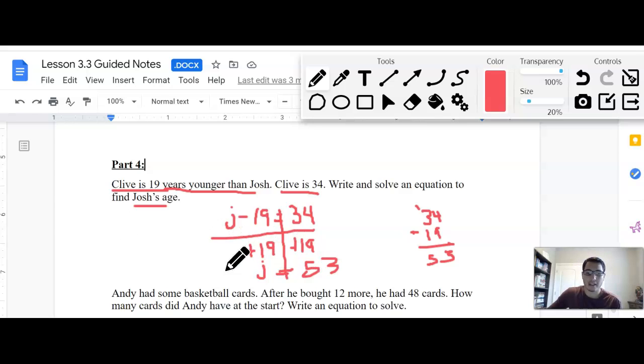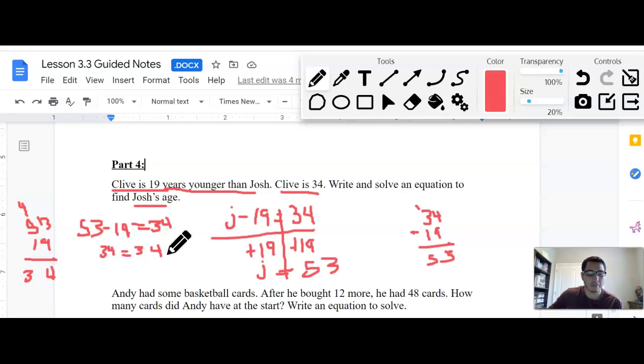Let's go back and check our answer by plugging it in for the variable. 53 minus 19, does that equal 34? I have to borrow here, that becomes a 4. 13 minus 9 gives us 4. 4 minus 1 is 3. 34 is equal to 34.